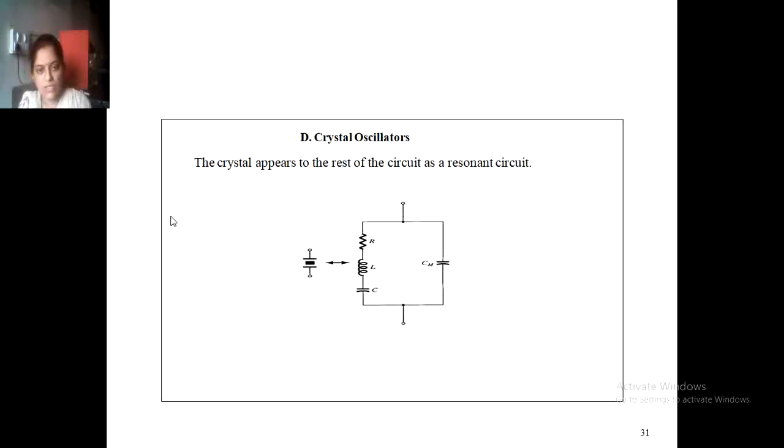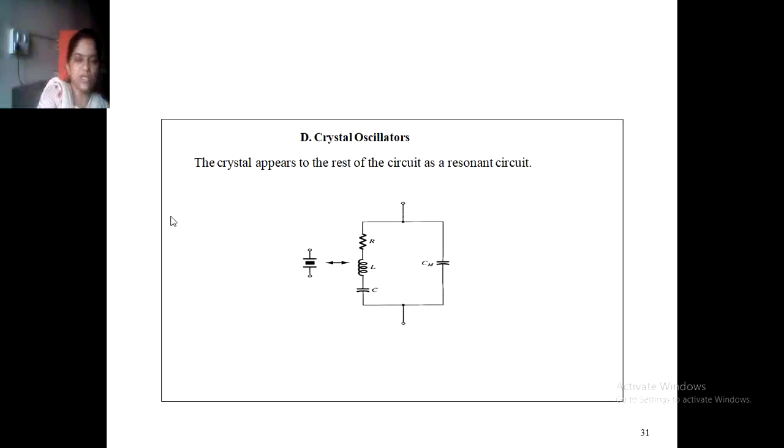The crystal appears to the rest of the circuit as a resonance circuit. Previously we saw a resistor-capacitor combination in the feedback circuitry, or one can use a resonance circuit to produce a different frequency at the output.